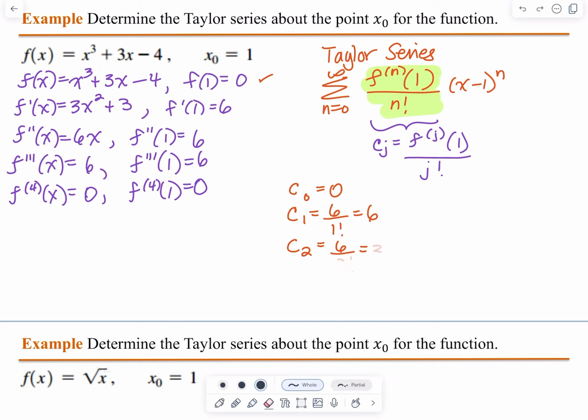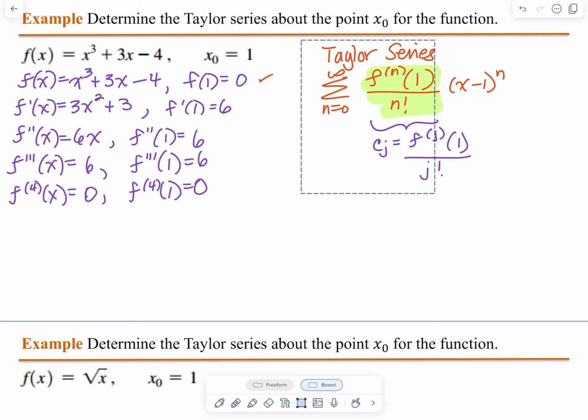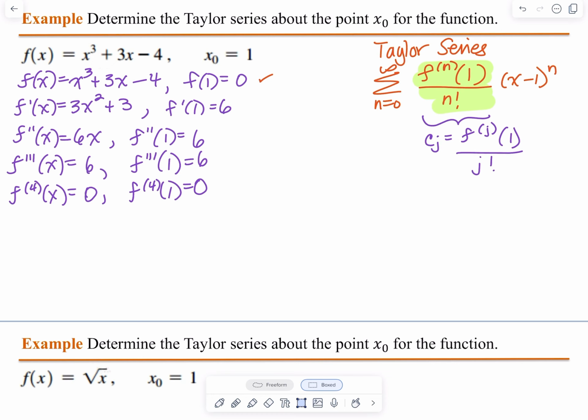I'm just going to put these under here. So we have c sub 0 equals 0.